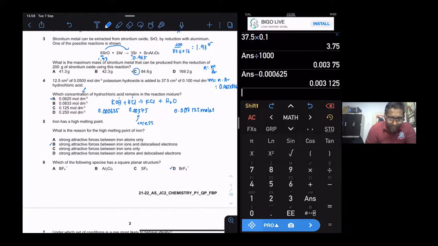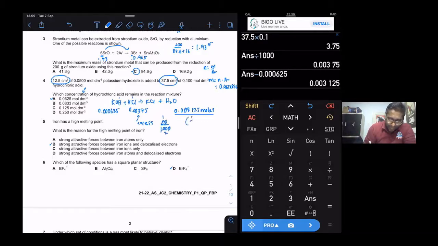And I'm looking for concentration. Do remember, one of the common mistakes is not adding the volume for both. Since they are both solutions, you need to add them. So 12.5 plus 37.5 is going to be 50 cm cube. I need to change this 50 cm cube, divided by 1000, into dm cube, which is 1 over 20.